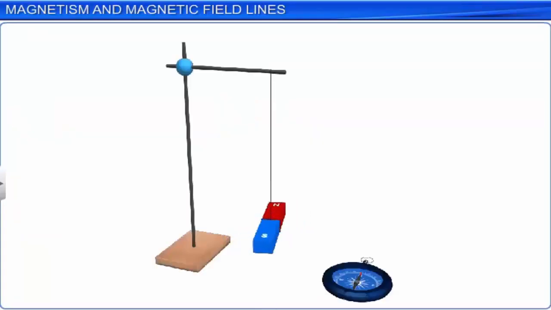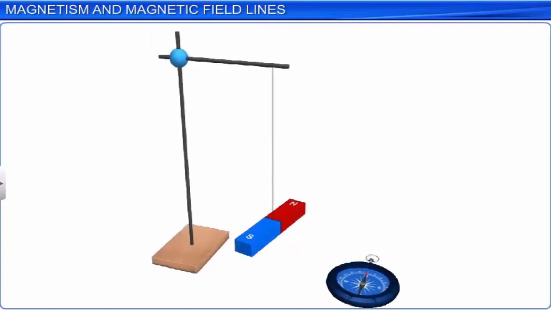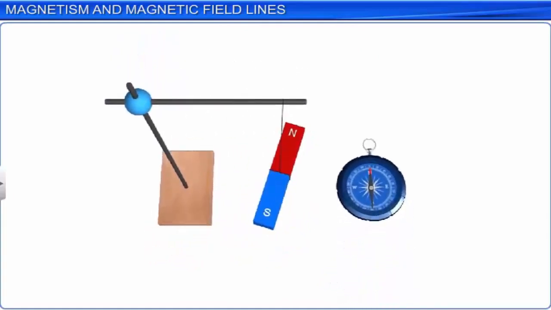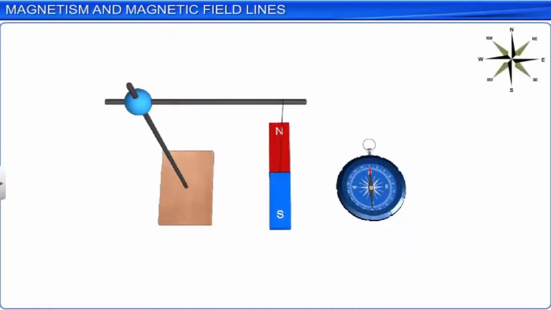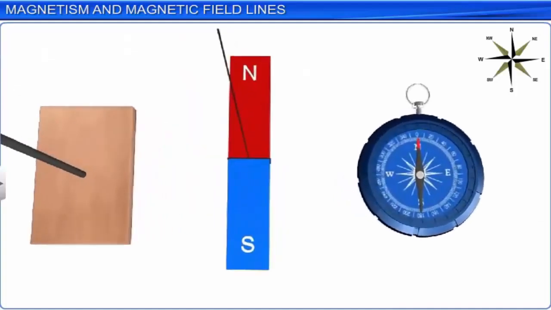Let us start with some general facts related to magnets. A freely suspended bar magnet oscillates for some time and then comes to rest along the magnetic meridian in the direction of geographic north and south. One end of the magnet points to the geographic north pole, called the north-seeking pole or north pole of the magnet.